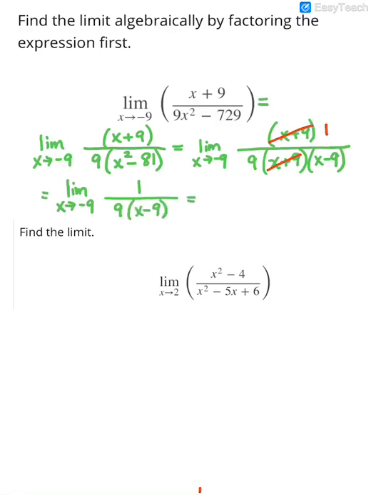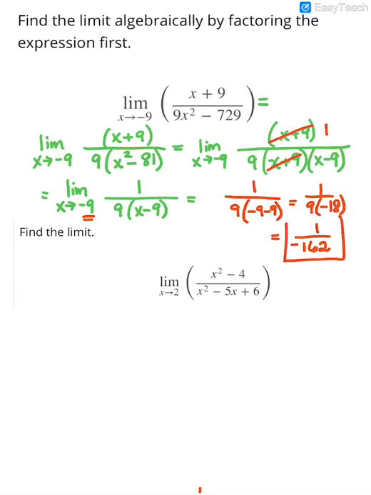And so now if we actually plug in our value, which is the -9, we have a 1 over 9 times -9 minus 9. So that is just a 1 over 9 times a -18. And so that's going to leave us with a 1 over a -162. And it doesn't matter whether you put the negative out in front or on the bottom. That still means the same there.